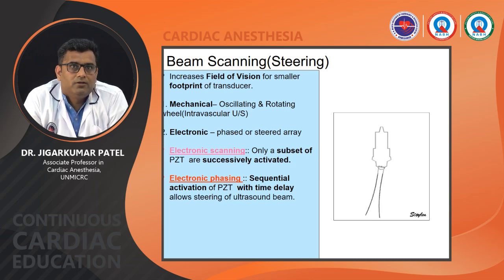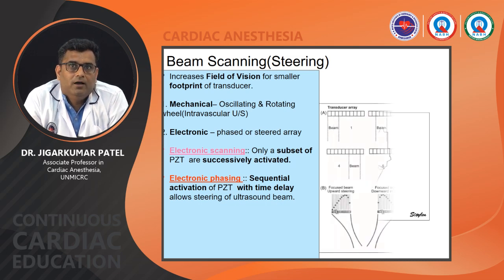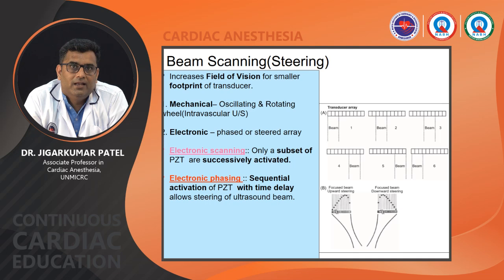And electronic has two types: electronic scanning and electronic phasing. In the upper part of the image, you can see electronic scanning. Here only a subset of PZT are successively activated, while in electronic phasing there is sequential activation of PZT with time delay, which allows steering of the ultrasound beam. Most of the newer ultrasound probes use electronic scanning and electronic phasing.